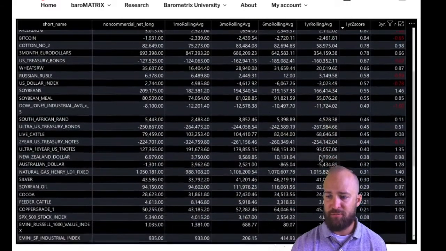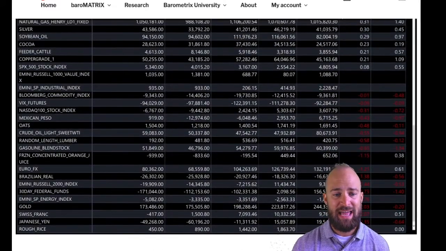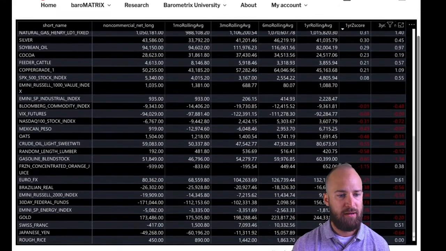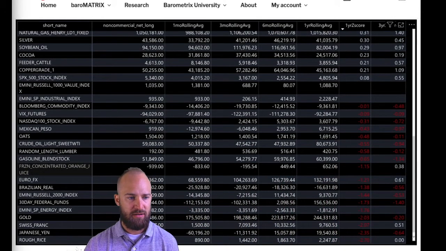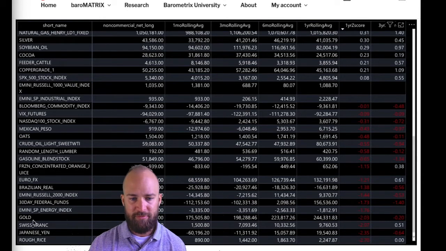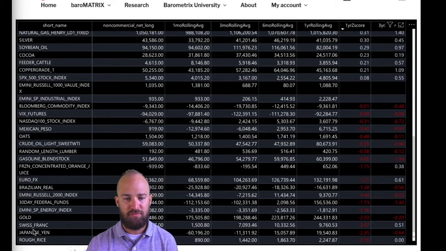But let's move down to the bottom of this table and see what the market is extremely net short, right? And I'll move myself out of the way once again so you can get a better handle on this. Rough rice right now is the most extreme net short position at negative 2.7. Again, not something I really trade very often.